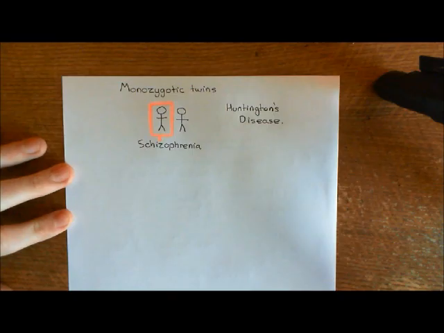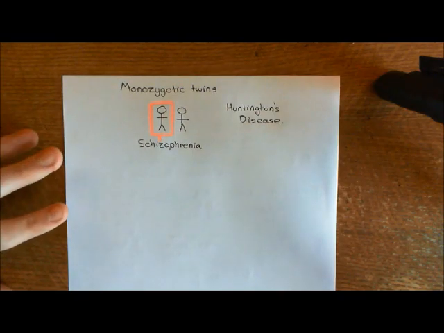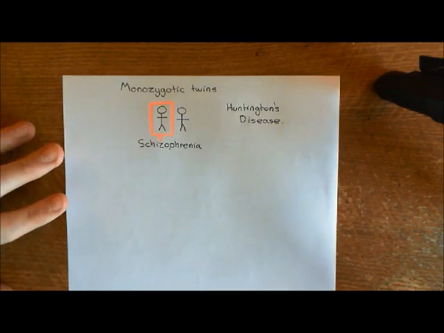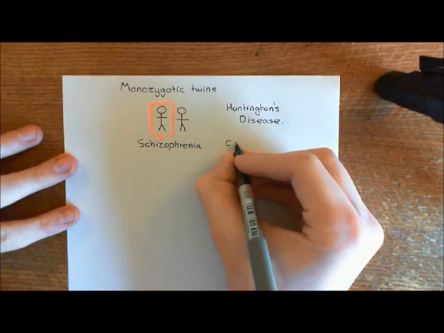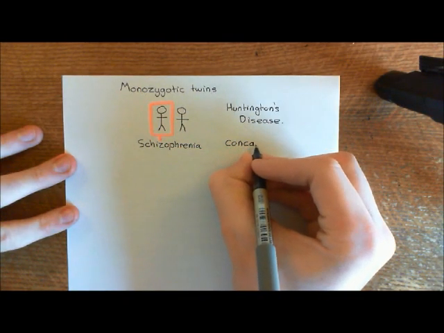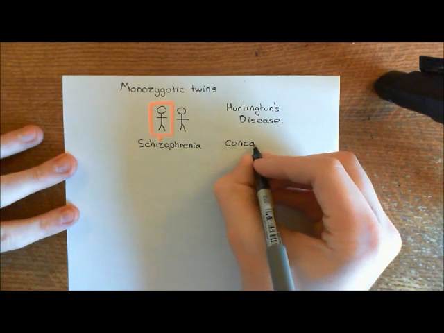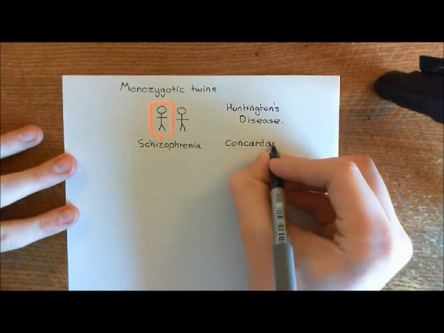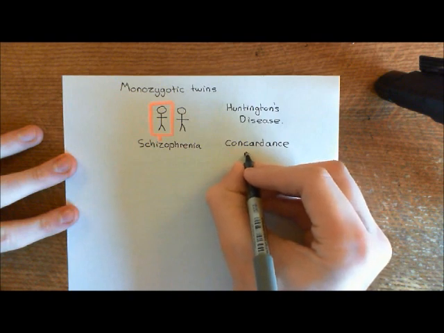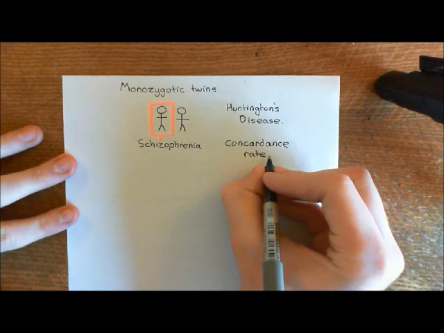Even if they don't quite yet have it, they will get it at some point in their lifetime. Okay, no ifs, no buts. Okay, now, there is a fancy word for this. We call it the concordance rate. Okay, we call it the monozygotic twin concordance rate.